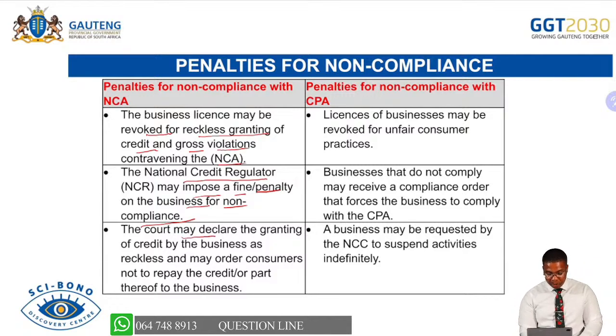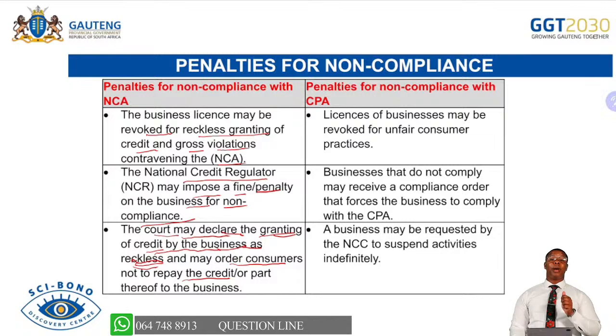Then, the court may declare the granting of credit by businesses as reckless and may order consumers not to repay the credit. This is very interesting. The court may decide that the granting of credit by the business was reckless. So the court will say, consumer A was given credit by the business, even when consumer A could not afford and did not qualify for that particular credit.